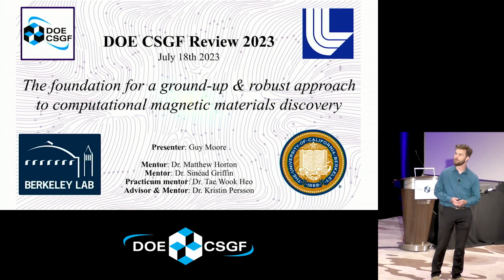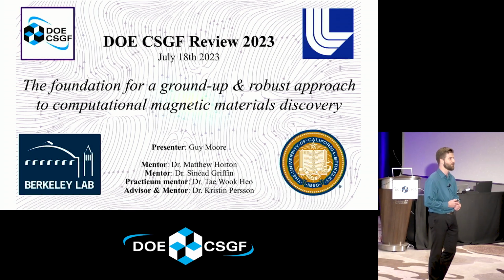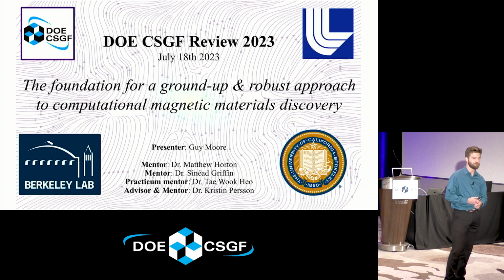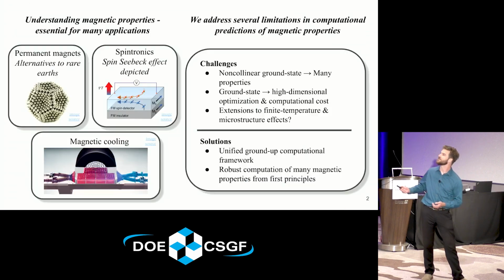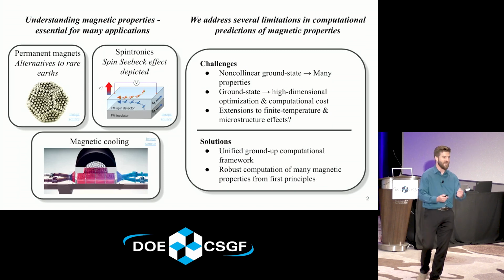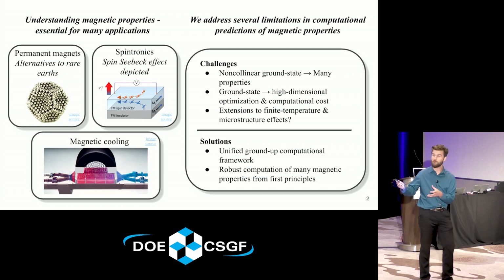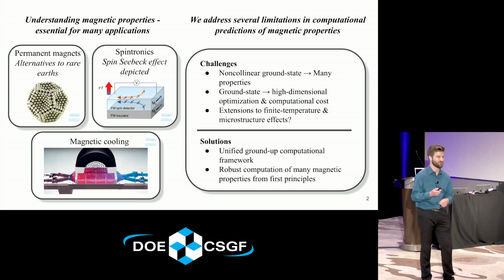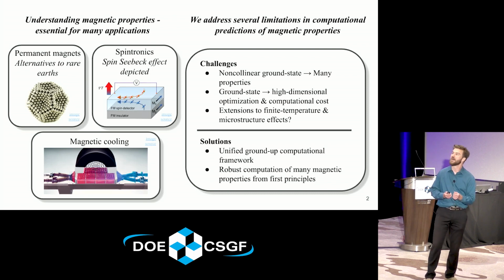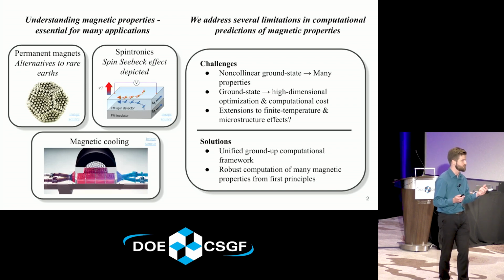Today I'll be talking about a ground-up computational approach to magnetic materials discovery using multi-scale computational approaches. There are many exciting applications of magnetic materials that are of interest to the Department of Energy, such as alternatives to rare earth magnets, which are both geopolitically and humanitarian problematic, and also spintronics, which provide an exciting alternative to conventional transistors, right?